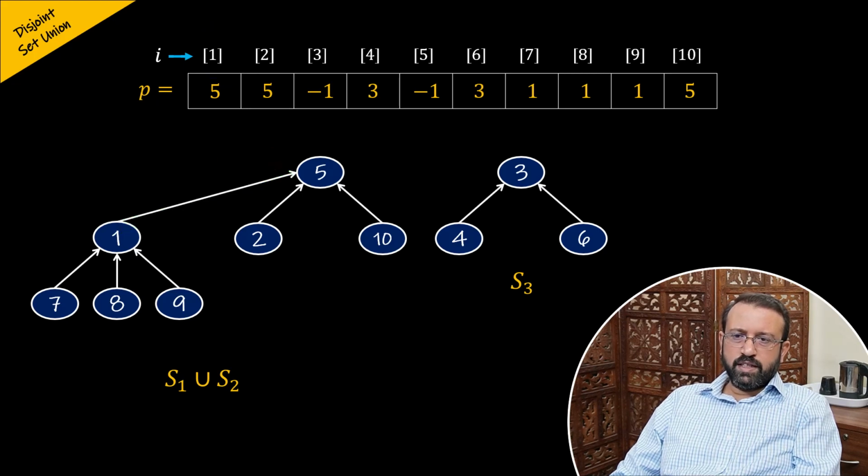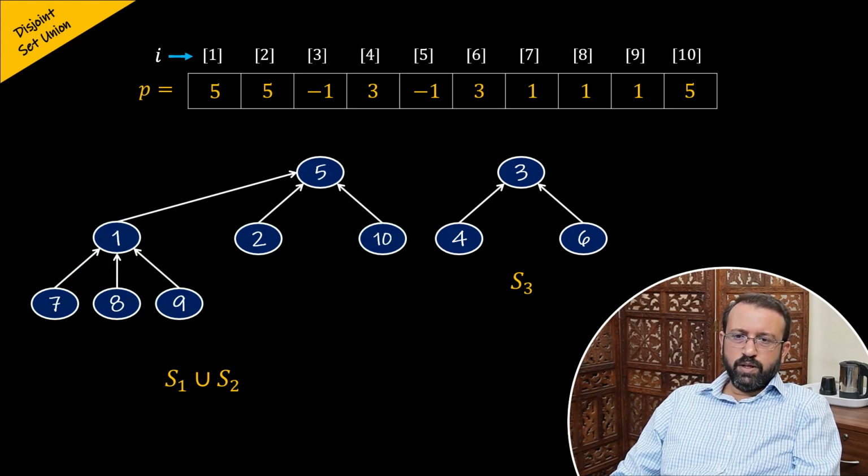Even here, since the disjoint set union of sets S1 and S2 is itself a set, the set S1 union S2 is represented by a tree which has node 5 as its root and all the other nodes as its children, which are the elements of the disjoint sets S1 union S2.